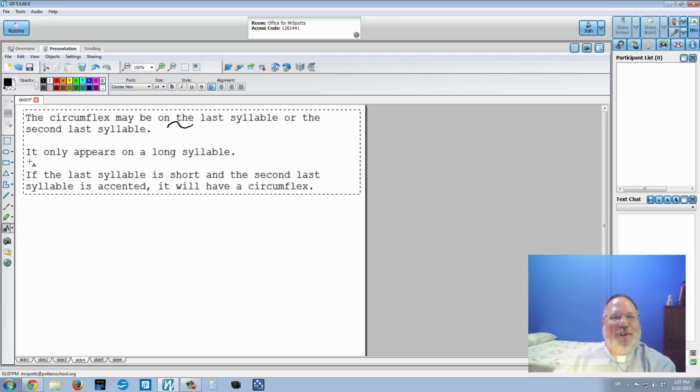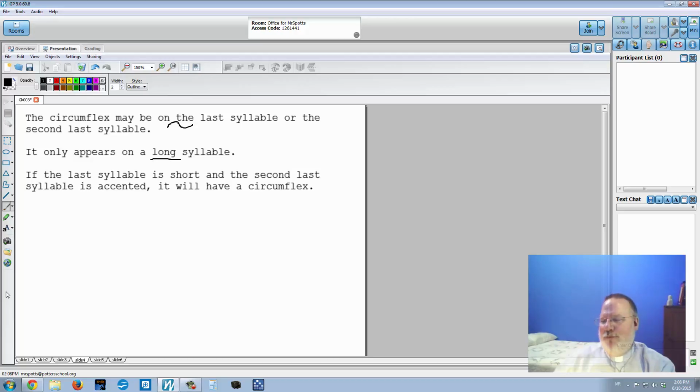Anyway, the circumflex can be on the last syllable of a word or the second last syllable. It cannot be on the third last syllable. It only appears on a long syllable. Remember the long vowels or the diphthongs. And if the last syllable is short and the second last syllable is accented, it will have a circumflex.